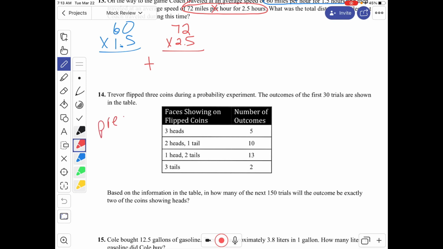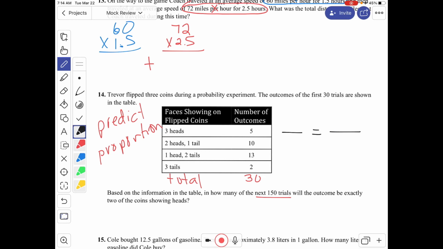This is a prediction question. It's asking you to predict for the next 150 trials. This was not 150 trials. This was only 30 trials. So we're predicting. For predicting, we set up a proportion. A proportion is 2 fractions equal to each other.